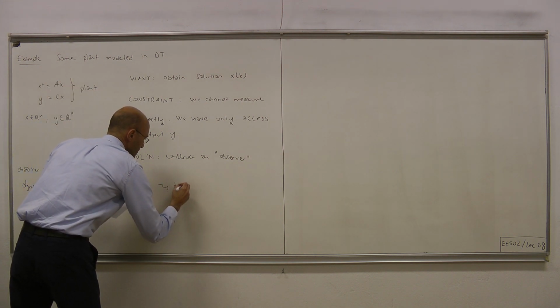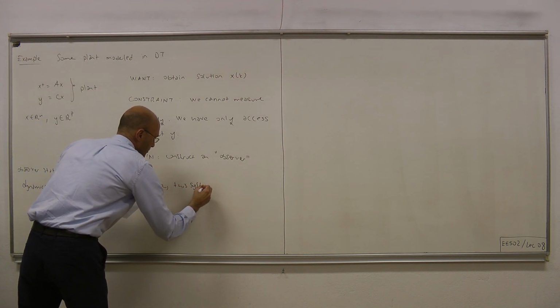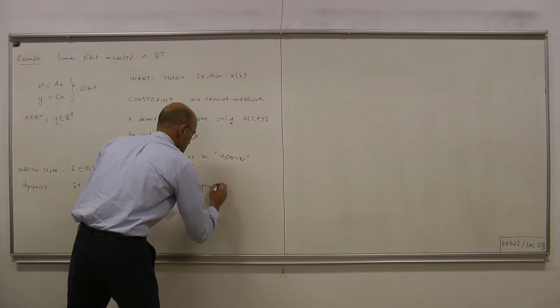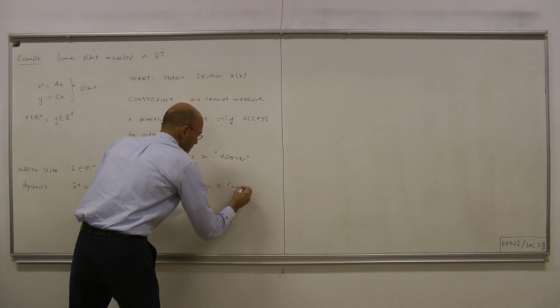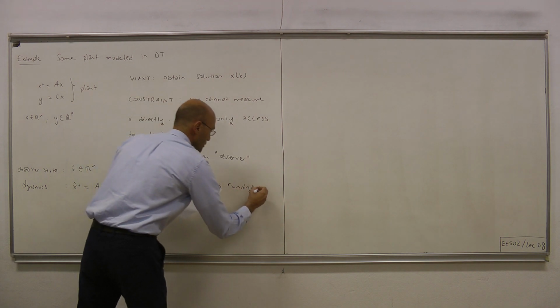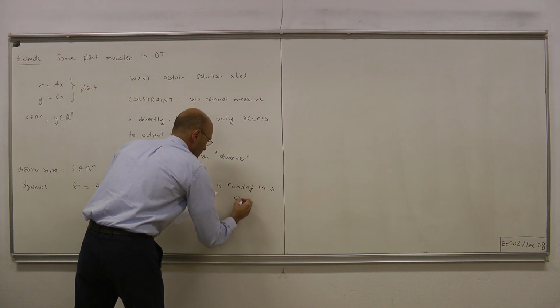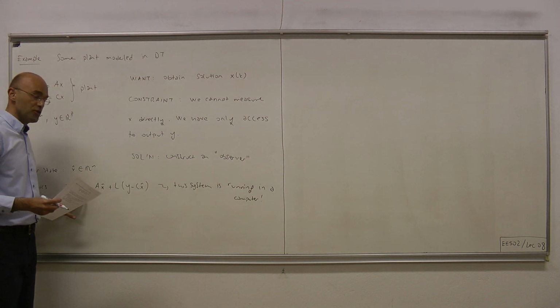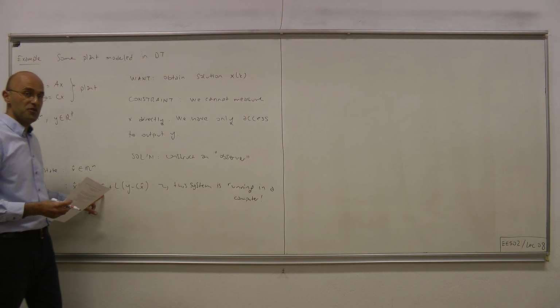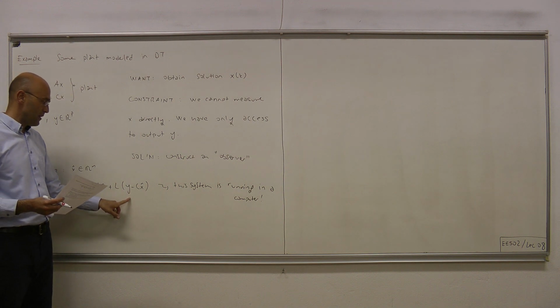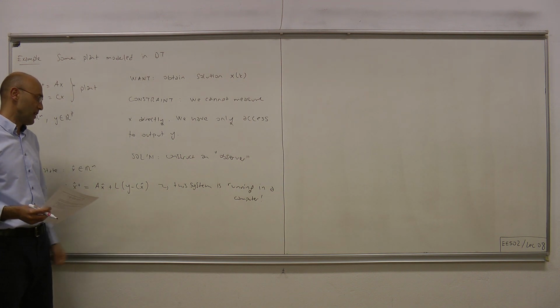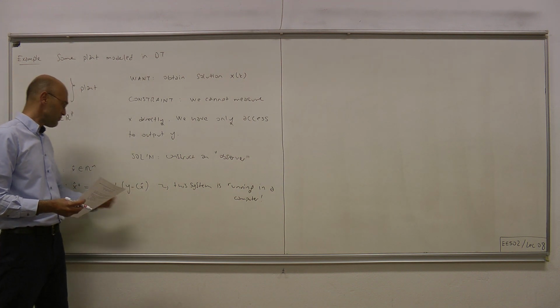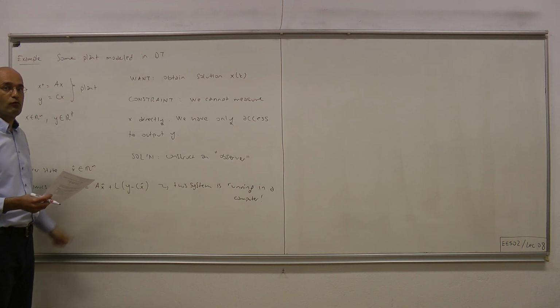And this system is running in a computer. Again, it's a real-time system. Its state is x hat, and it has an input that's driving it, and that input is the output that we collect from the actual plant.